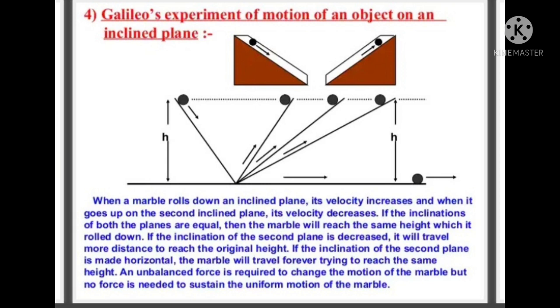If the second plane is horizontal, the marble will travel forever trying to reach the same height. An unbalanced force is required to change the motion of the marble, but no force is needed to sustain the uniform motion of the marble.